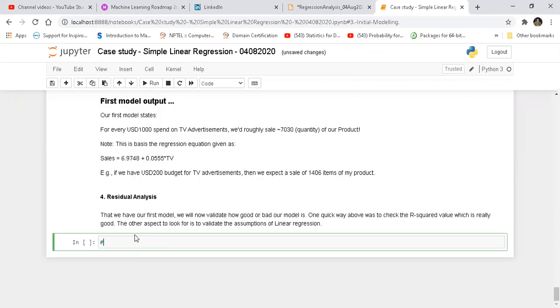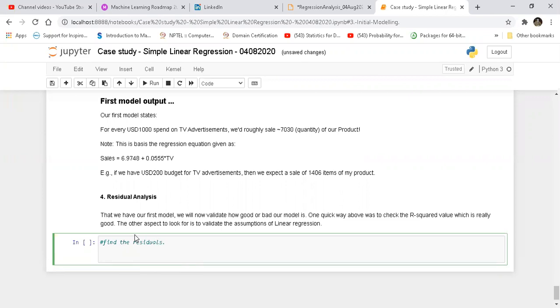So now I need to find the residuals. What is the residual? The actual value minus the predicted value is my residual. I'm going to call this res.